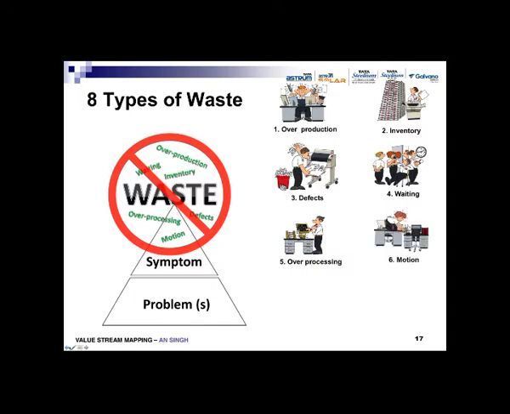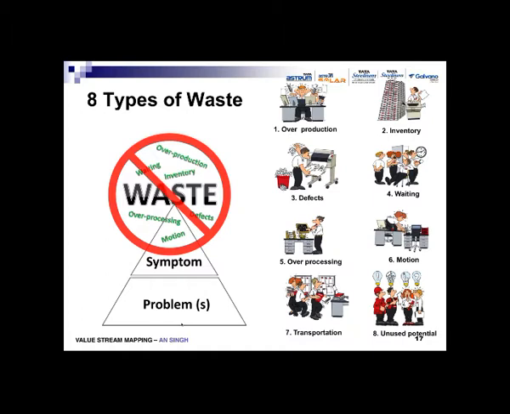And the sixth is motion waste, where human energy is wasted because of unnecessary bending, stretching and moving operations. The seventh is transportation. Because of layout problems, in many situations the material has to travel more distance than required. And finally, unused talent of the people.